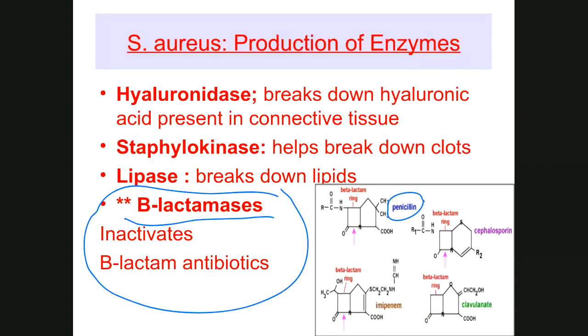Likewise, cephalosporins are going to be sensitive to beta-lactamases. These are also beta-lactam antibiotics. So if the organism has beta-lactamases, several families of antibiotics will be ineffective against the Staph aureus.